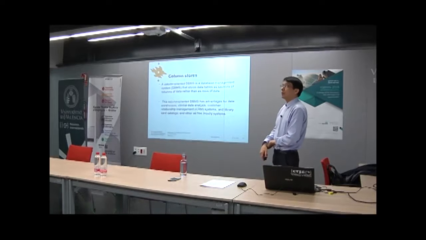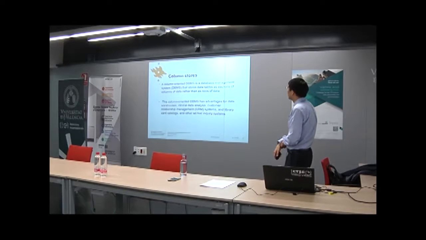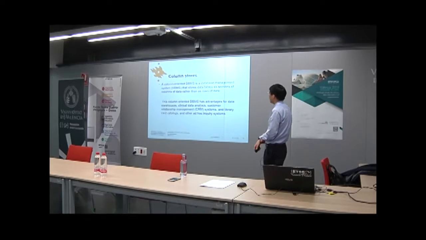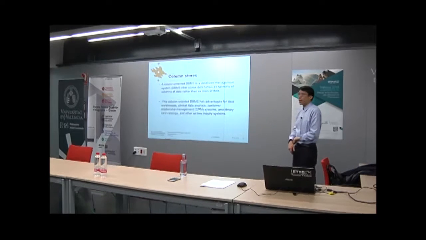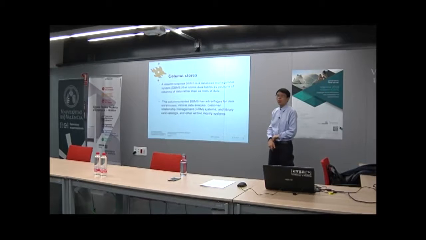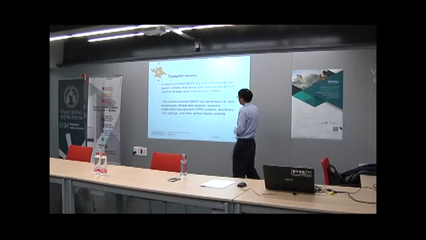Firstly, we look at the column database. A column-oriented DBMS is a database management system which stores the data table as sections of column data rather than rows of data. So they store data by column, in a vertical way.